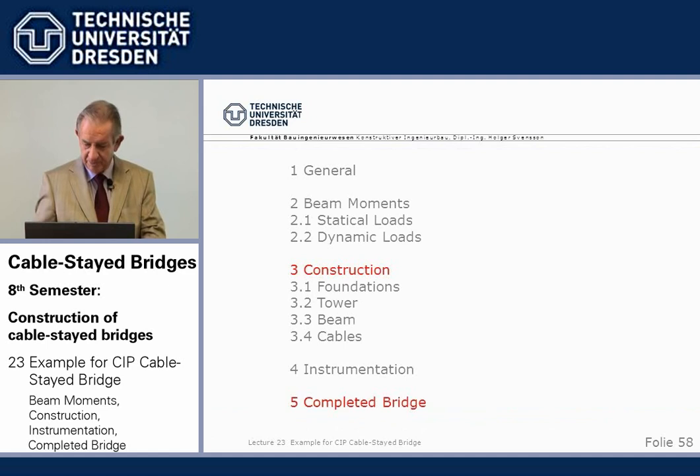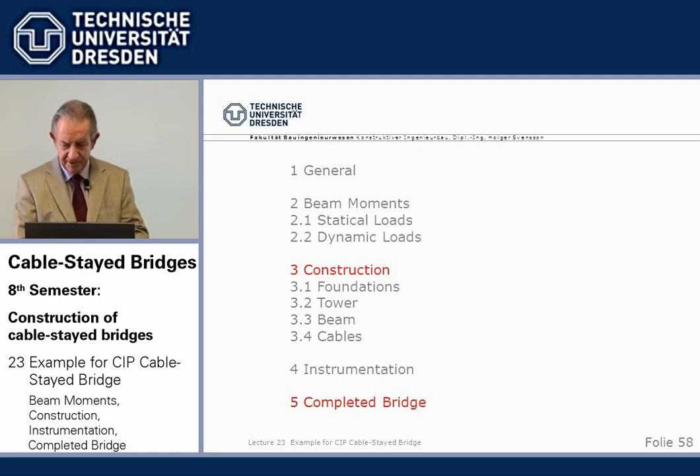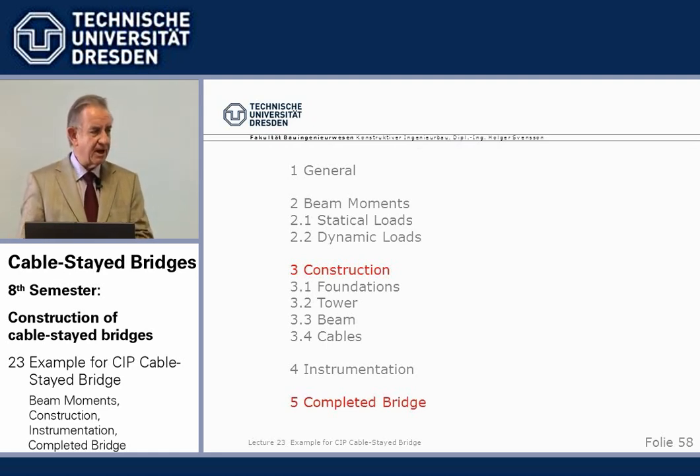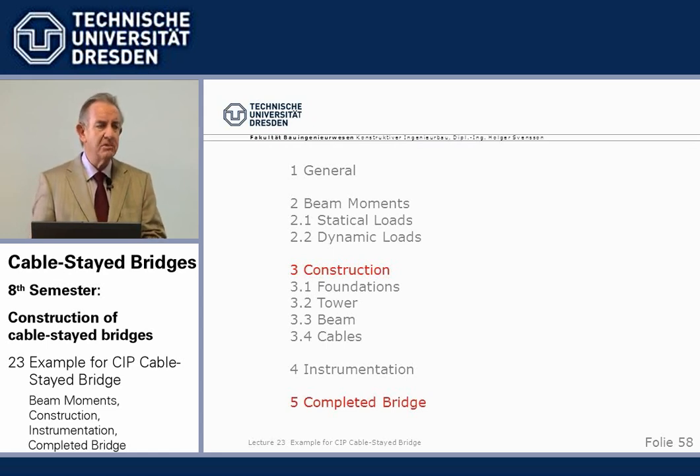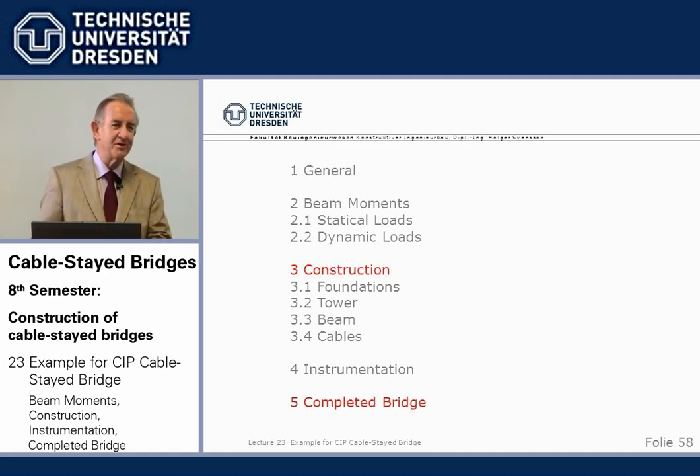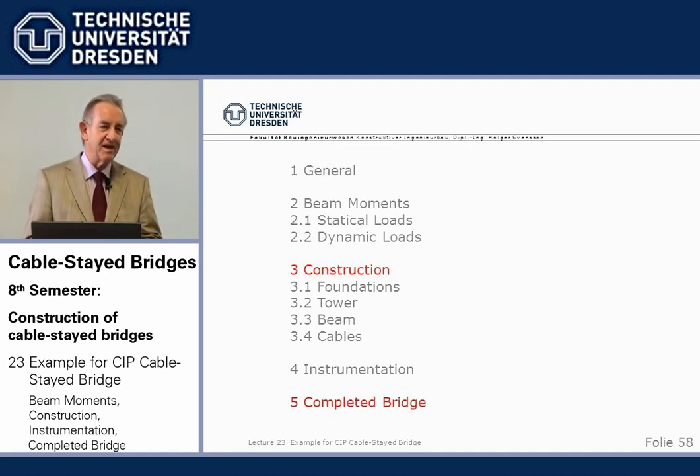The completed bridge, just a few pictures. Now, the opening was attended by the Norwegian Crown Prince, a high occasion. It was on 21 June 1993, which is, as we all know, Midsummer Night, when at the polar circle the sun doesn't set.